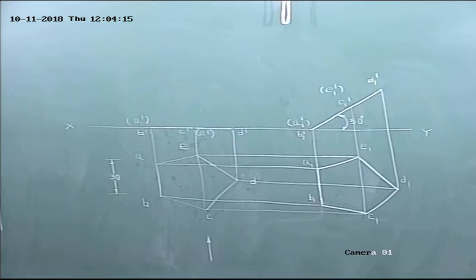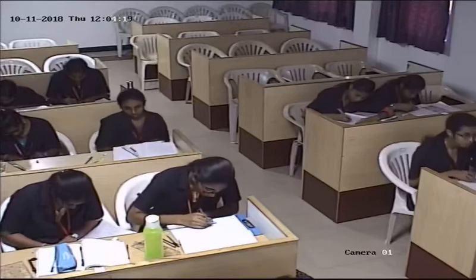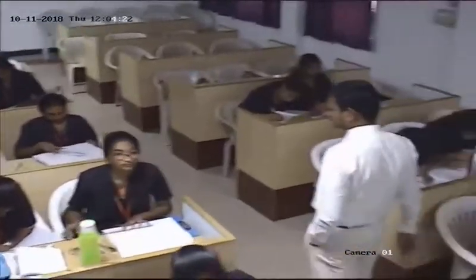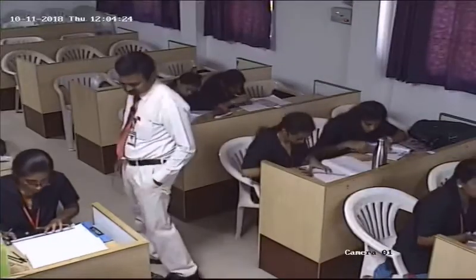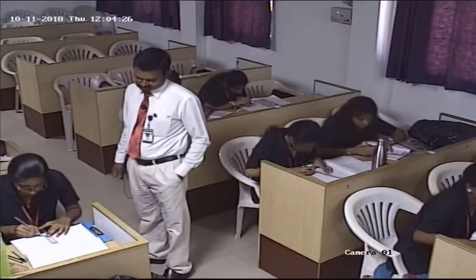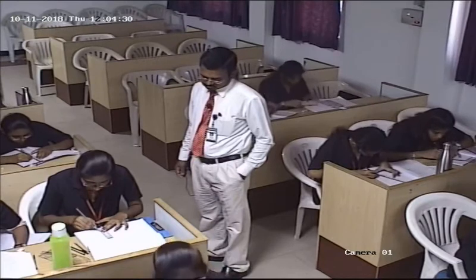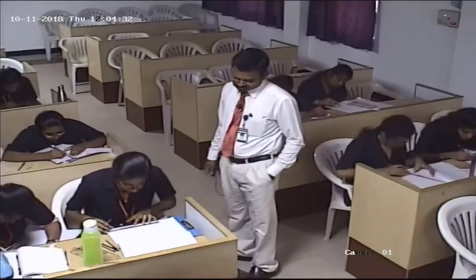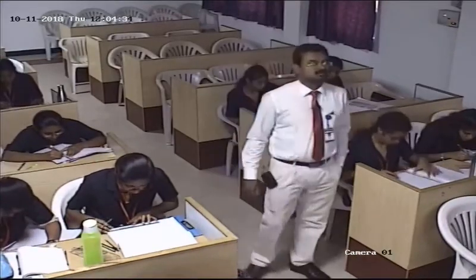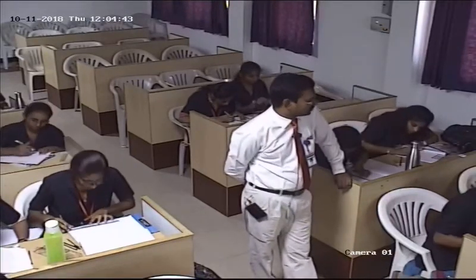We have to complete the next two cases, position 5 and position 6. Listen, all the horizontal projectors should be drawn parallel to XY. All the vertical projectors should be perpendicular to XY.